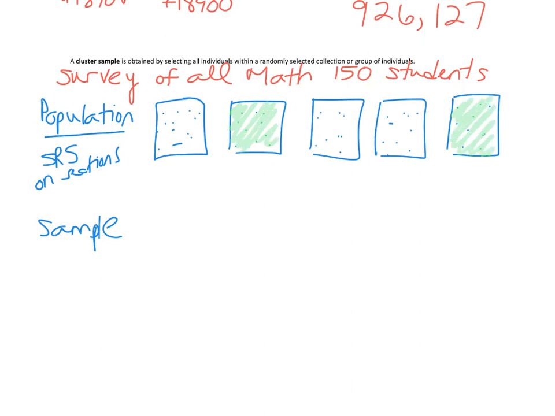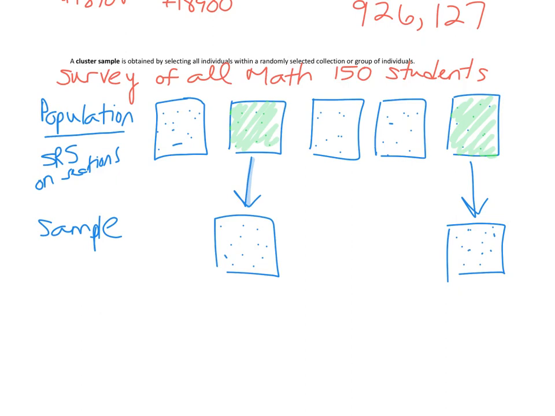So the 2nd and the 5th class would be part of the sample. And now everyone in those 2 sections is part of the sample. And there you go.